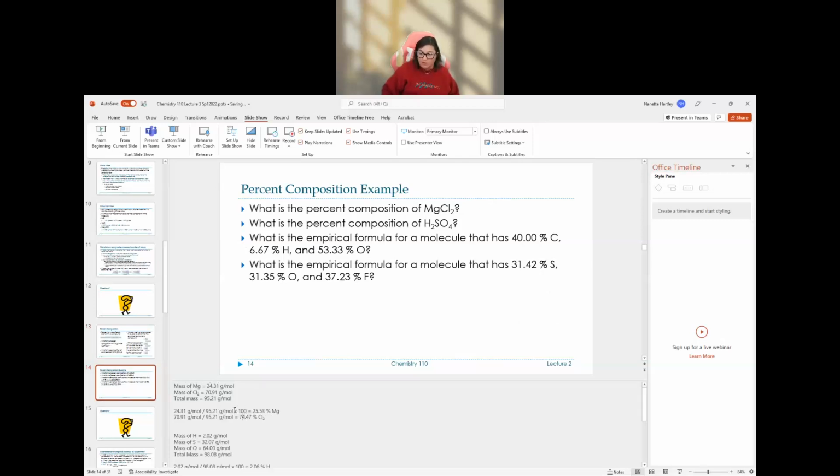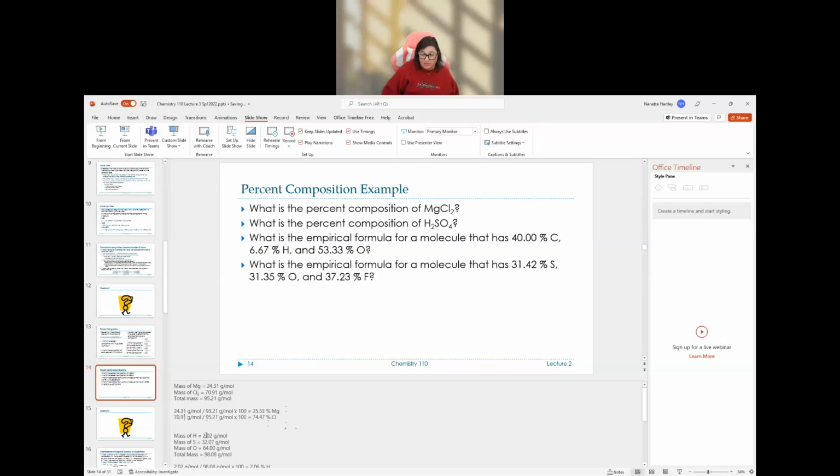That gives me 25.53% magnesium. We take the 70.91 grams per mole divided by the 95.21 grams per mole times 100, which is 74.47% chlorine. All right.